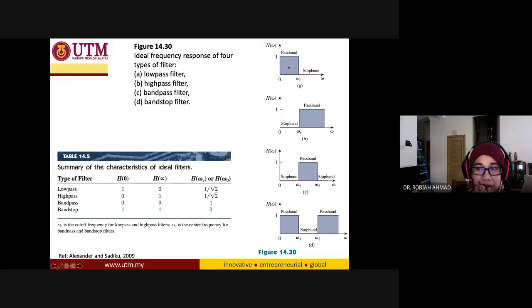If you set a low pass filter and look at this graph, H usually represents the transfer function, and in this case it is a magnitude because it is an absolute value. It is a transfer function because it is H of omega, where omega means the frequency.